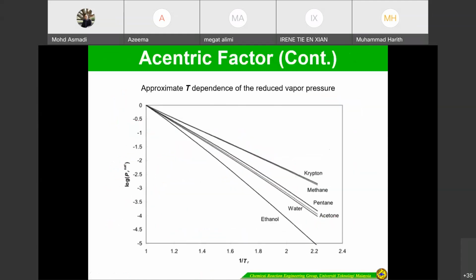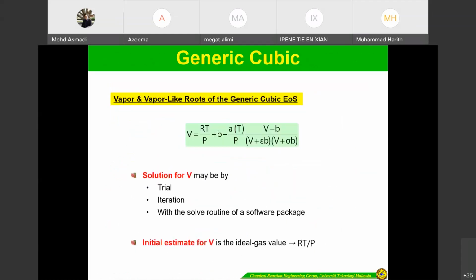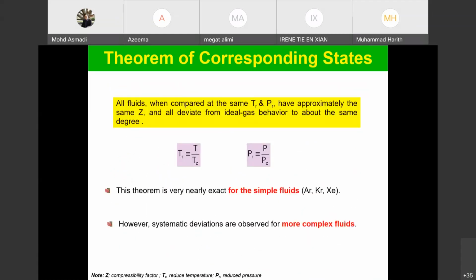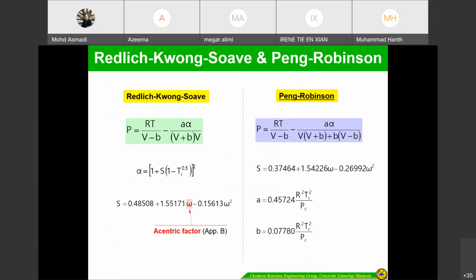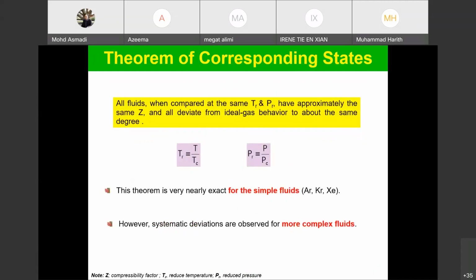I'll just explain the difference between the equations that have omega. If you look at the theory, all fluids when compared at the same reduced temperature and reduced pressure have approximately the same Z and all deviate from ideal gas behavior about the same.